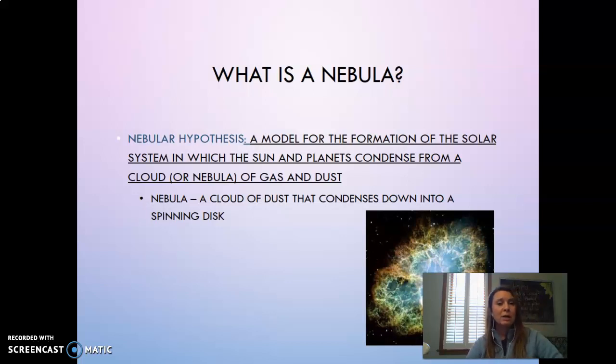Some nebulas might have heavier elements, which then can create other planets or solar systems. And this is actually proven. There are several hundreds of other exoplanets orbiting other stars, very similar to our sun. Some are much bigger, some are much smaller.